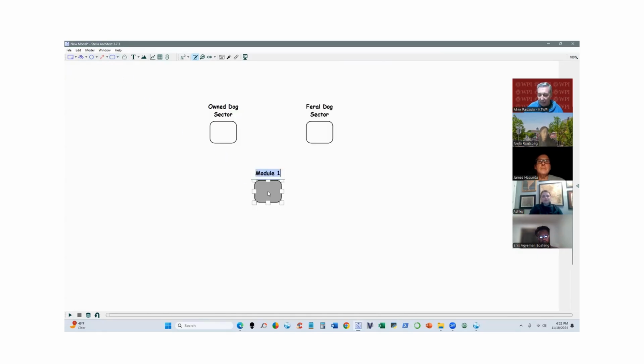You can have dogs in the shelter. And we could probably have an economic sector. Now, again, how did we come up with this?